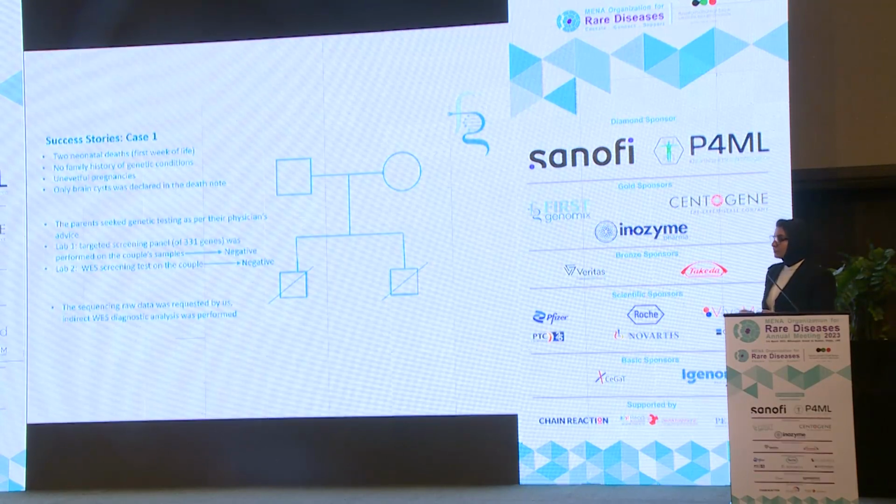Then she was still scared because it happened twice, not only once. She consulted another doctor and he advised her to go for whole exome sequencing, but that time it was screening only. So again, the result was negative. At the last meeting, the doctor informed her that it seems it's either not genetic or something not discovered yet.